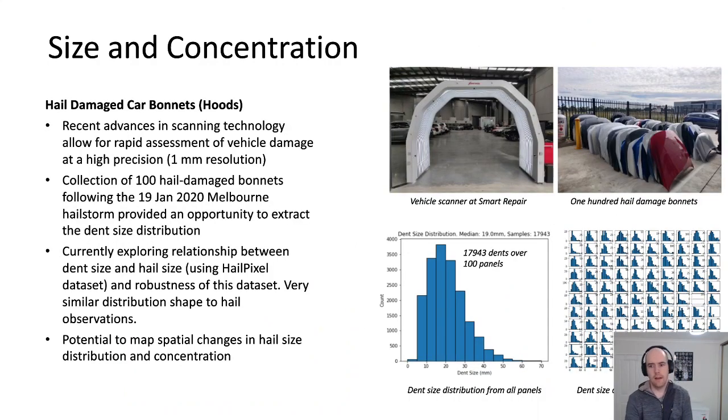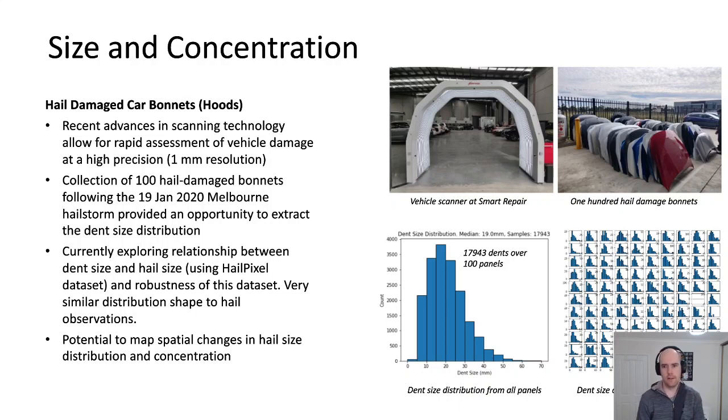Finally, it's not always possible to have hail pads across a city or even fly a drone in several locations. So one unique approach which we're looking at is using hail-damaged car bonnets. Recent advances in scanning technology allow for rapid assessment of vehicles at a high precision, approximately a 1 millimeter measurement of dints on these vehicles.